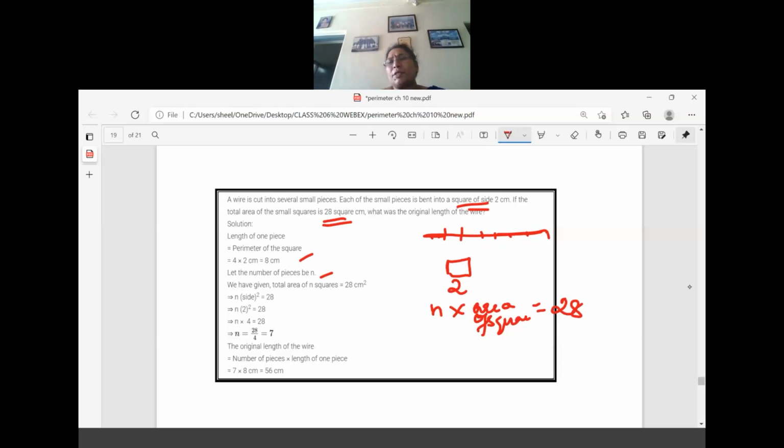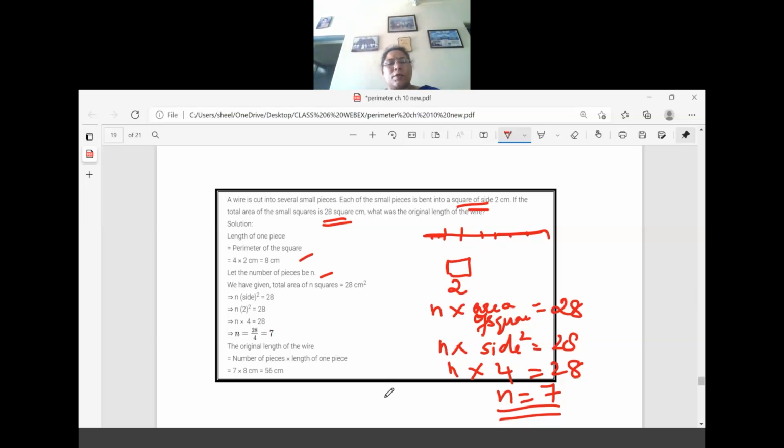The area of the square, you know the formula, side square. Now we already know the side of the square, so n into 4 equal to 28. So what is n there? It is equal to 7 only. So the number of pieces we got is n.